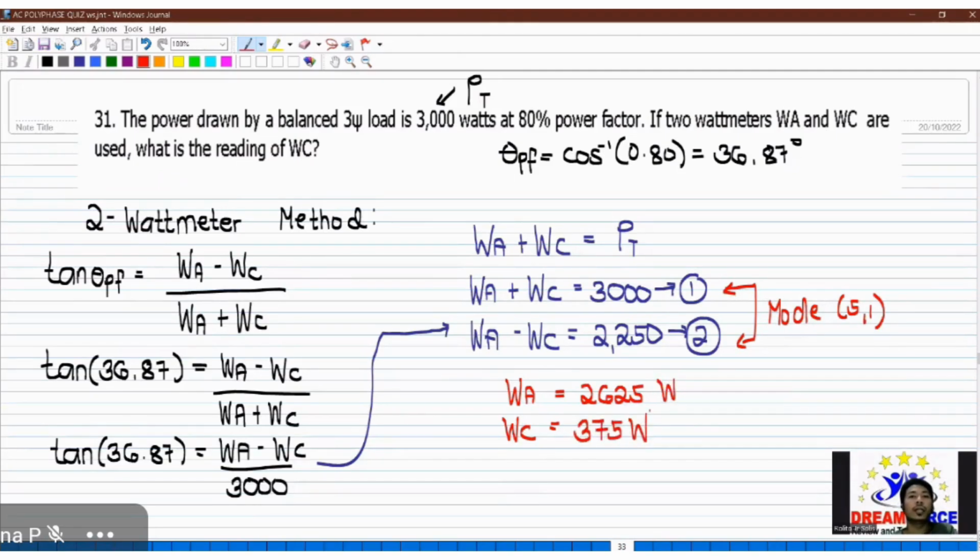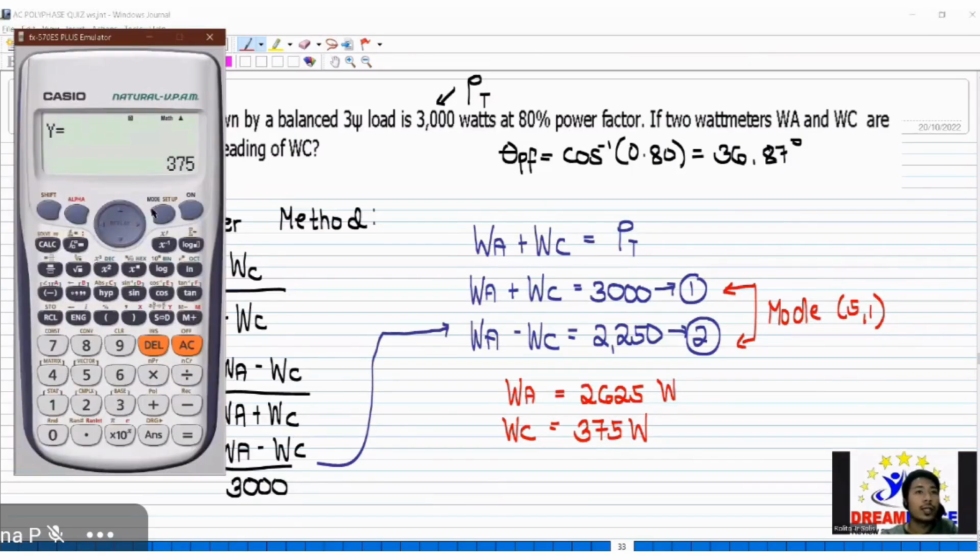Pero take note, engineers, ang hinahanap lang po sa ating problem is the value of wattmeter C. Parang may mali. Check lang natin: tangent of 36.87 to 250.